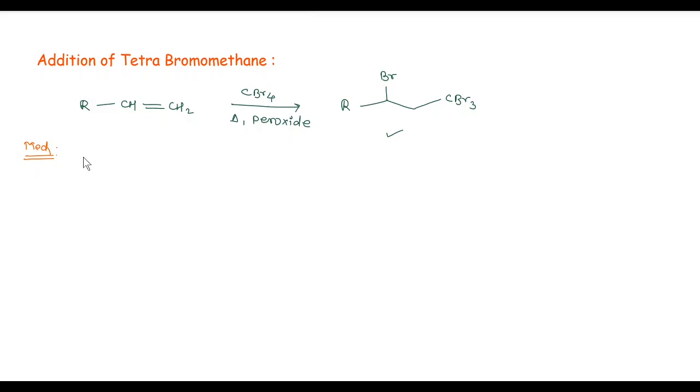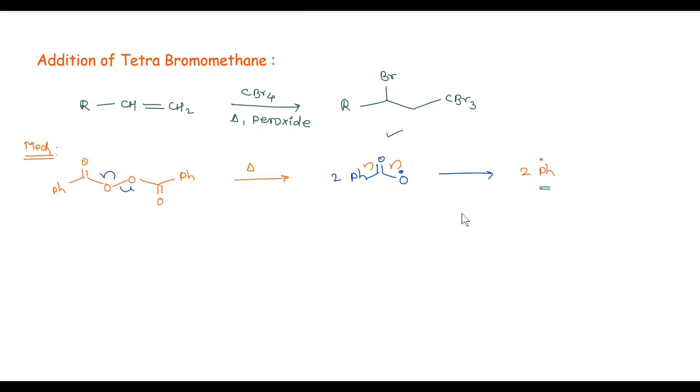First step, the initiation step, in which peroxide, for example benzoyl peroxide, is heated. The bond gets homolytically cleaved and carboxylic radicals form, which on decarboxylation give two phenyl radicals.